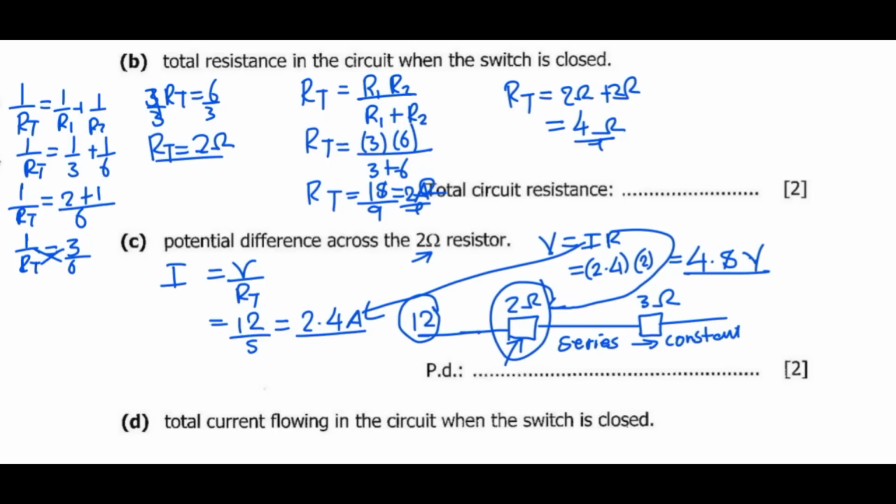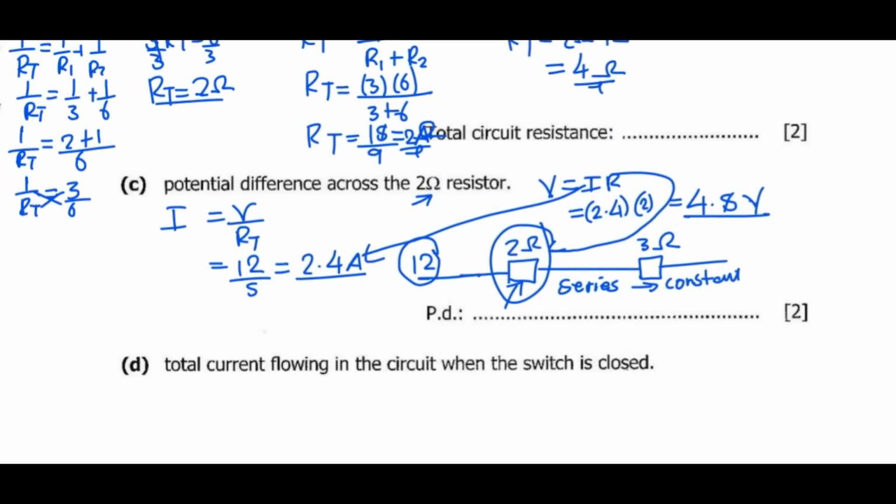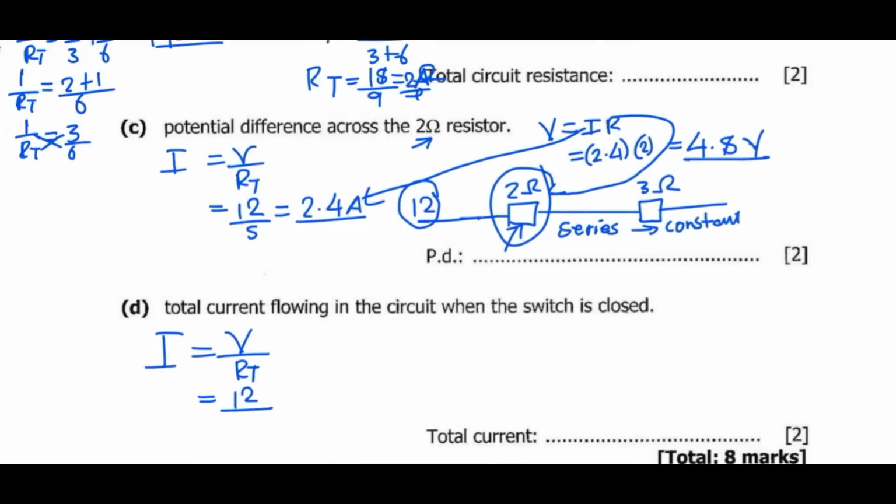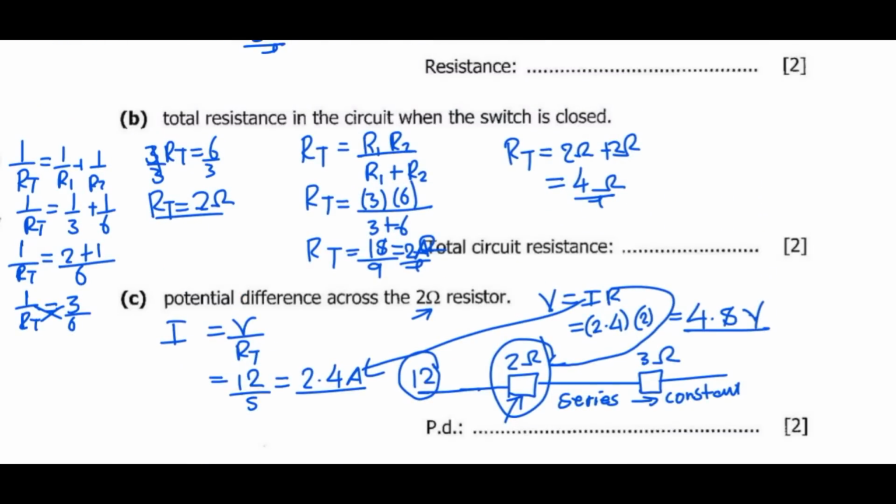Okay, so now let's look at the total current flowing in the circuit when the switch is closed. Here we'll say current is equal to voltage over total resistance. So the voltage is 12. Now we need the total resistance for the whole circuit when the switch is closed.